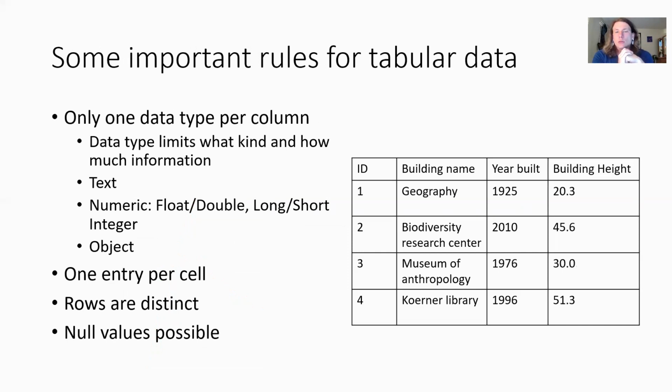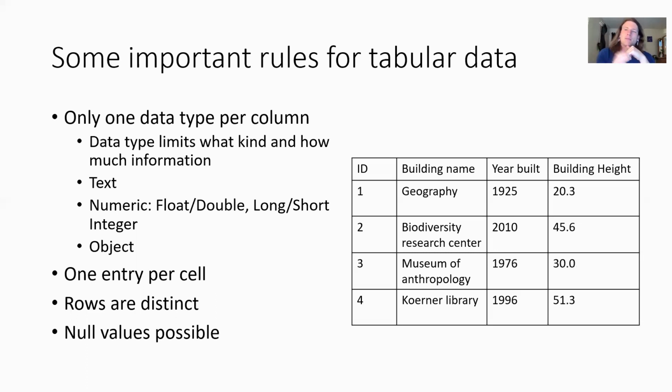Some important rules for working with tabular data, just to keep in mind. Only one data type is allowed per column, and I will discuss in more depth what I mean by data type, but for now, think text versus numbers. Geography would be a text data type, whereas 1925 would be a date, and building height would be a number.